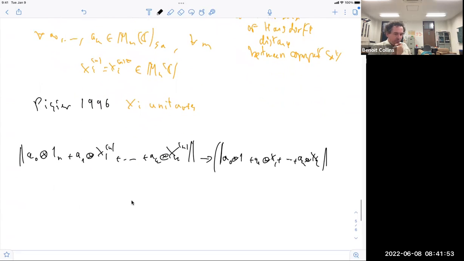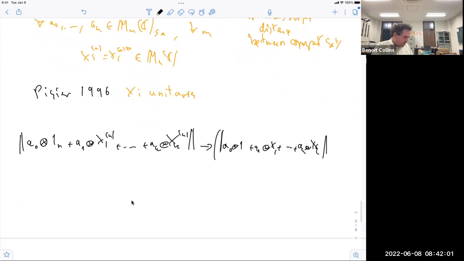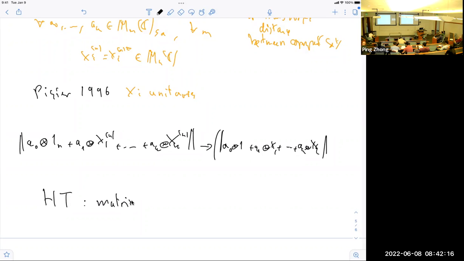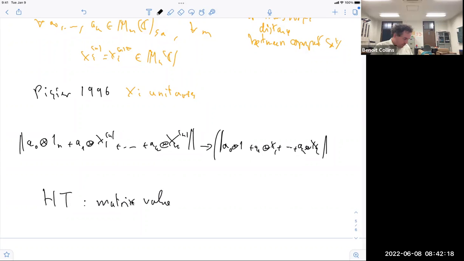So I will describe very briefly what Haagerup and Thorbjørnsen are doing then. They use a matrix valued Stieltjes transform.